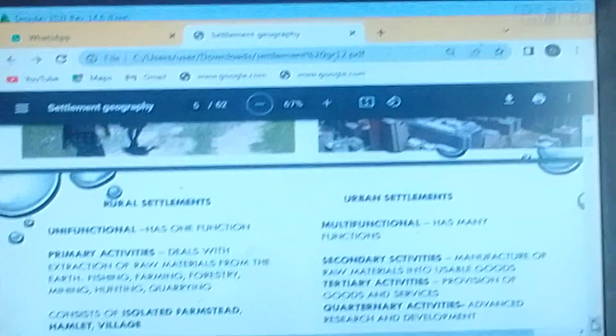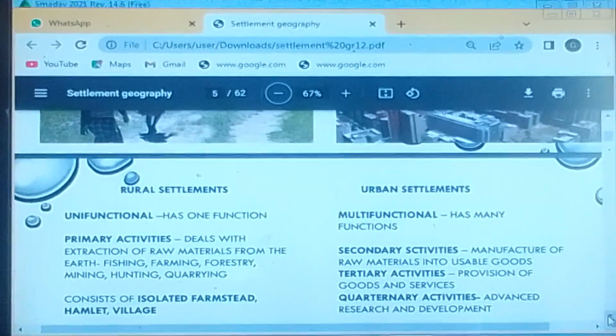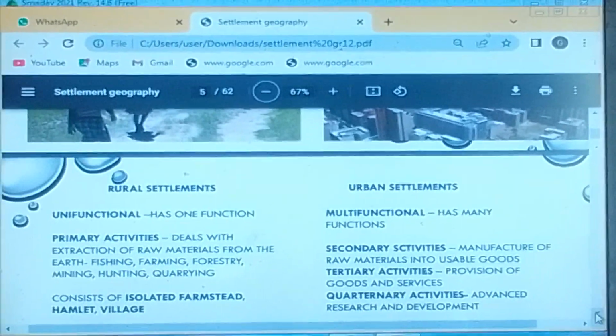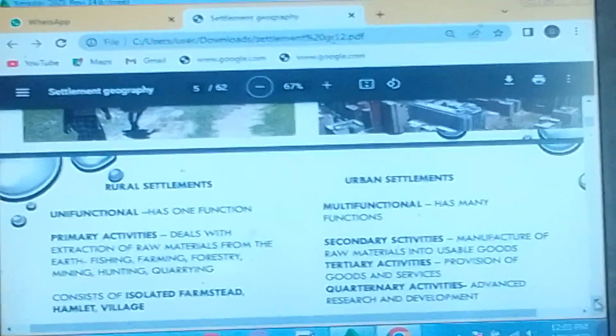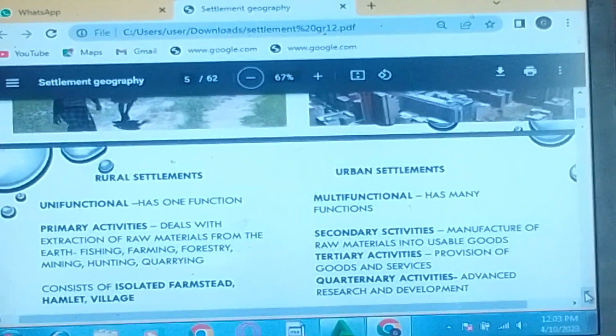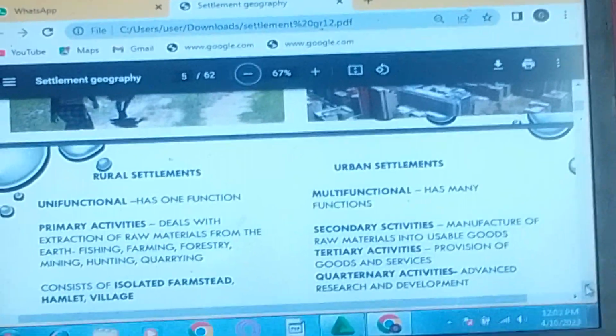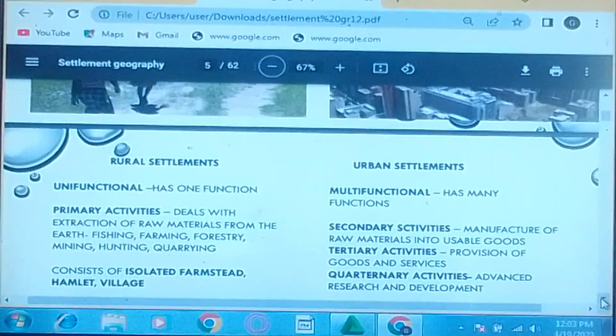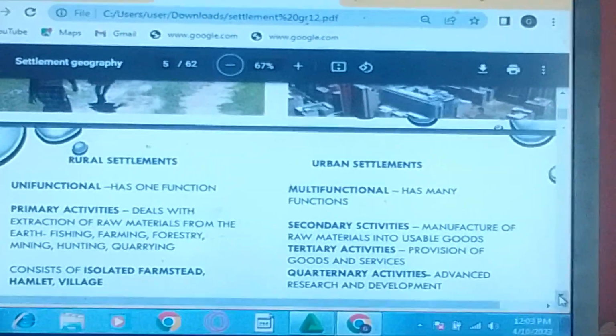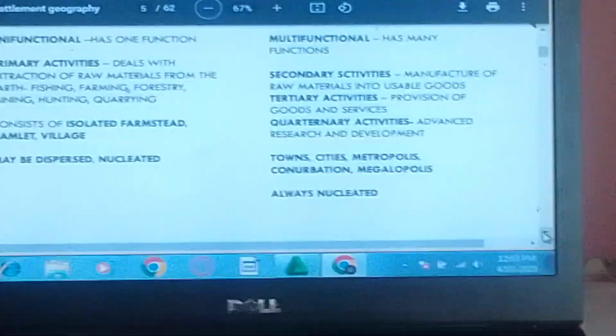In comparison, our urban settlements are multifunctional. They have many functions, meaning that they concentrate on economic functions like secondary activities, the manufacture of raw materials into usable goods, tertiary activities, the provision of services and goods, and quaternary activities. Basically, we are concerned with research.